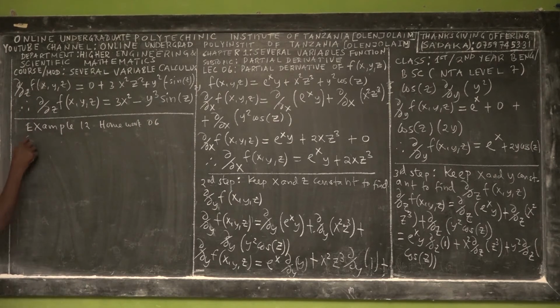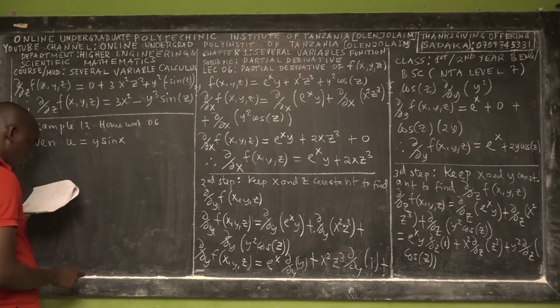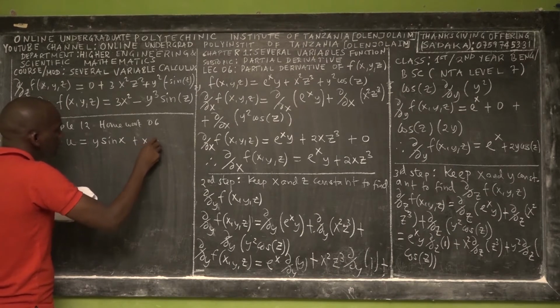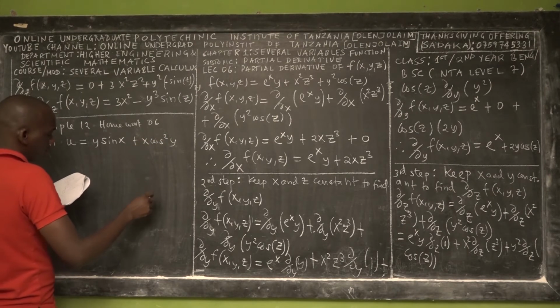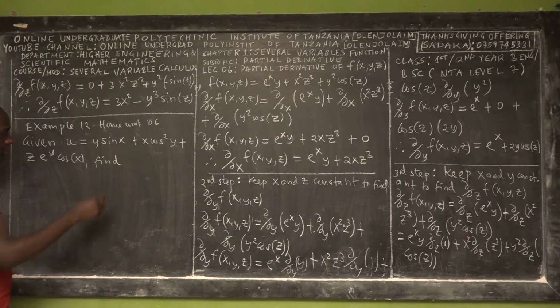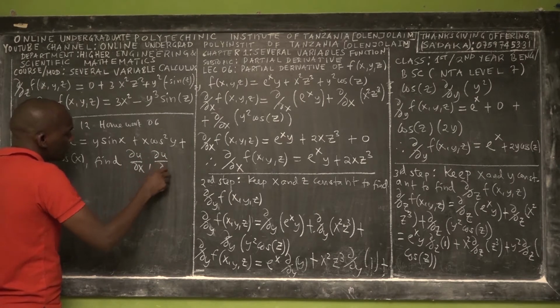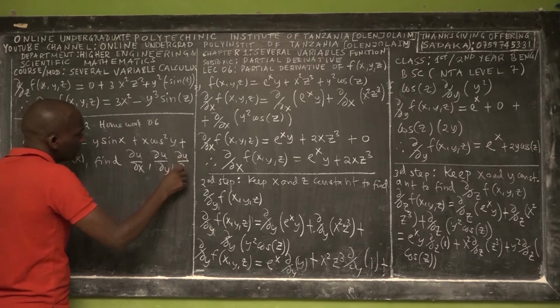The question: given a function u equal to y sine of x plus x squared y plus z e^y cos of x, find the partial derivatives of u with respect to x, with respect to y, and with respect to z.